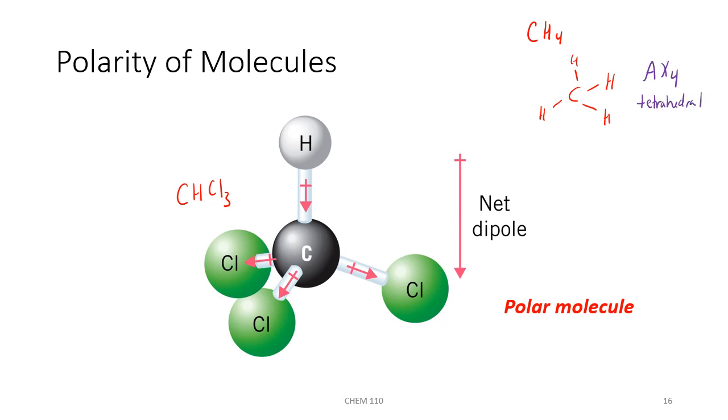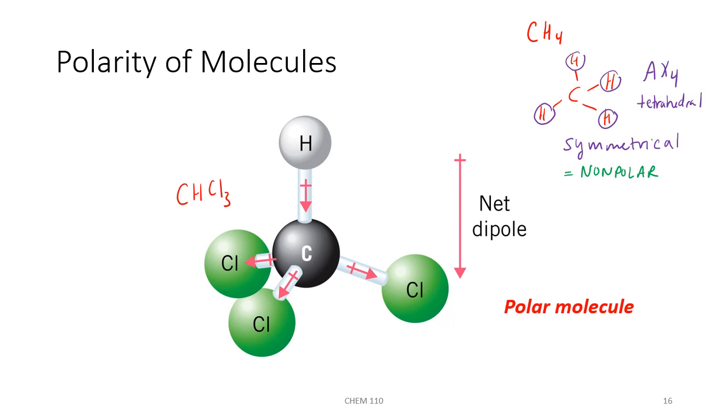And in an AX4 molecule, all of the hydrogen atoms are identical. So they all have the same electronegativity. Therefore, they are canceling one another out in this shape because the molecule is completely symmetrical. A molecule like CH4 overall is going to be classified as being nonpolar.